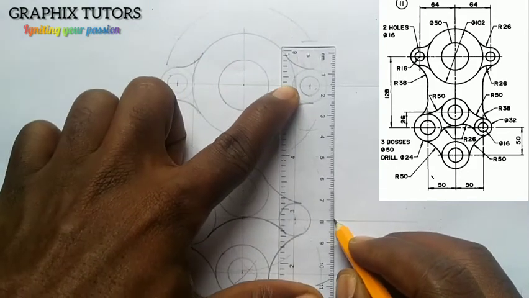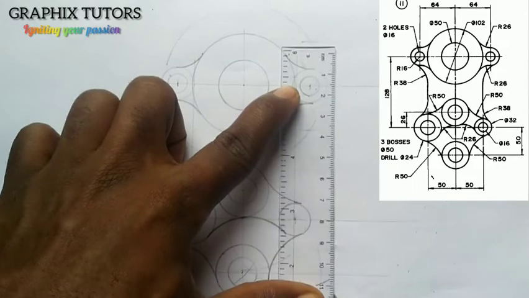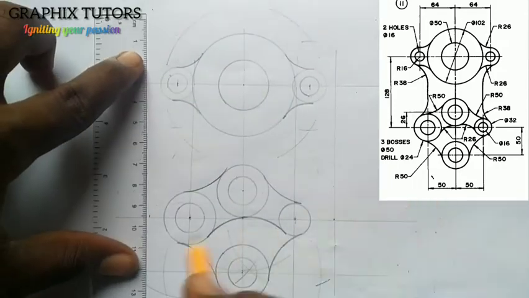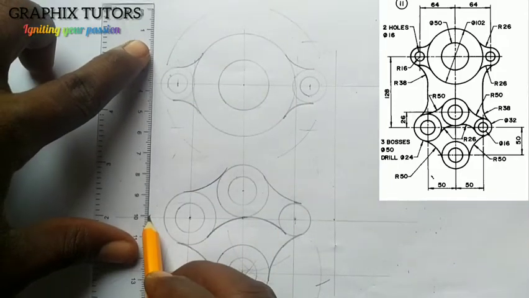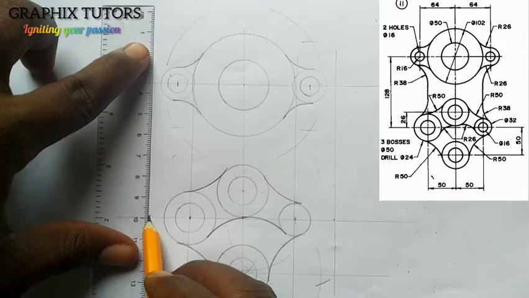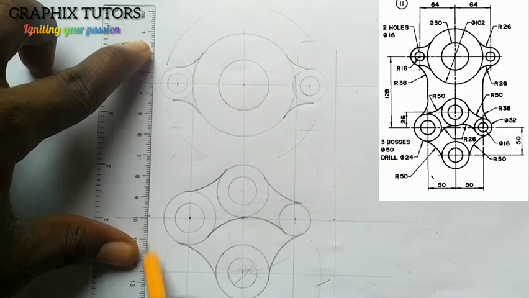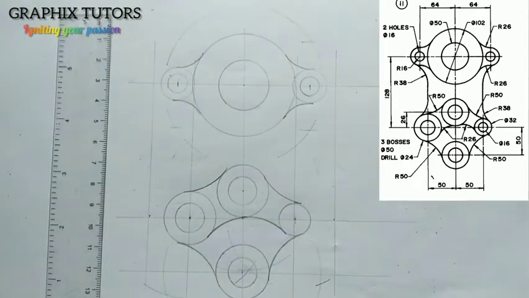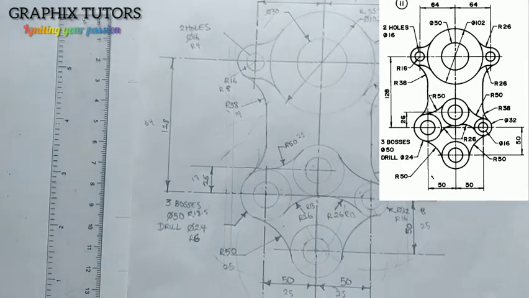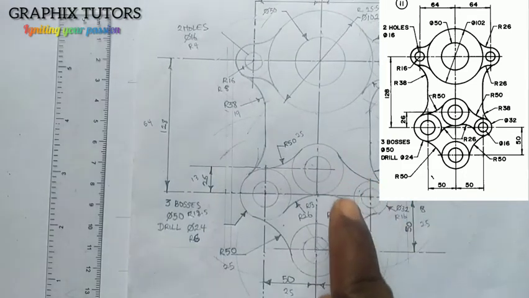Is that good? So I'll just use my faint line, just draw a vertical line. I'll come here, I'm doing them simultaneously. It saves you time. So I'll have this. I'll do the same thing here too. Draw this way. Now in doing that, the next thing we are going to do is, if you look at our diagram here, the diagram that we have here is also external, so we are going to add.